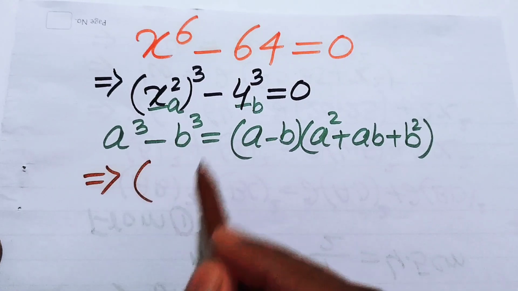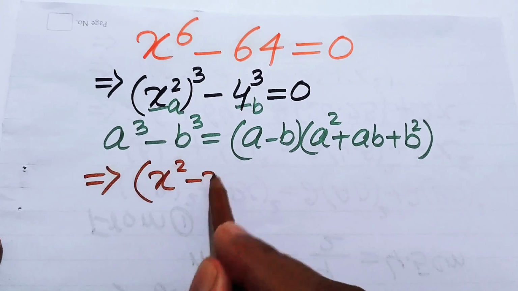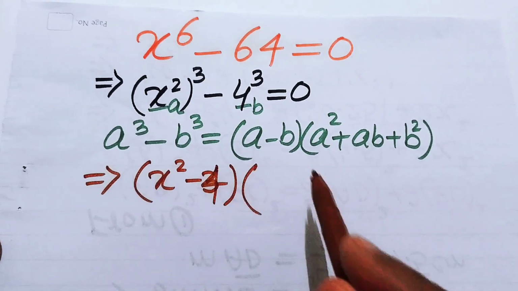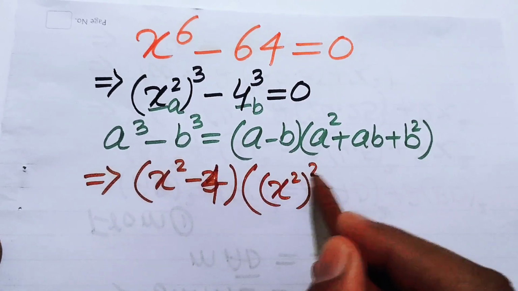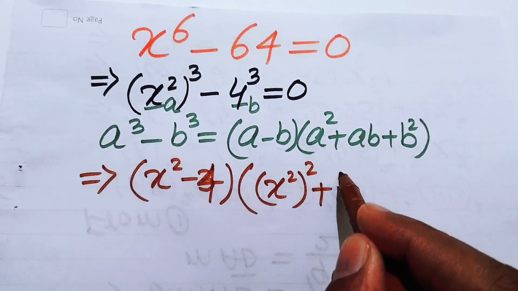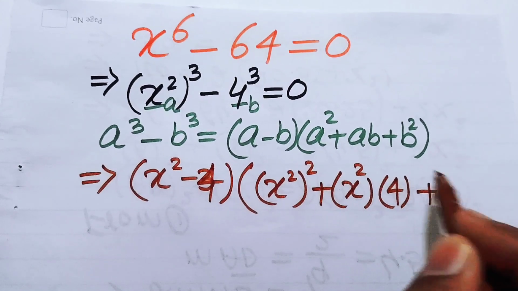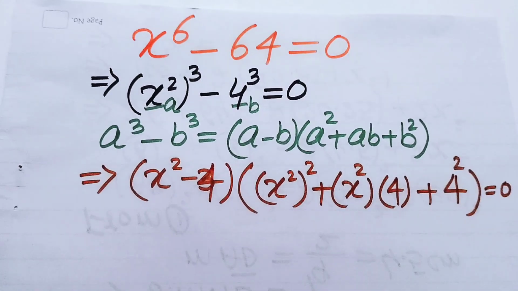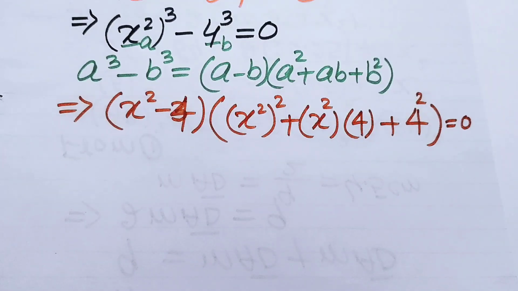We have a minus b, and the value of a is x square, so we get x square minus 4, times a square, which is x square whole squared, plus ab, which is x square times 4, plus b square, which is 4 square, and this whole equals 0.